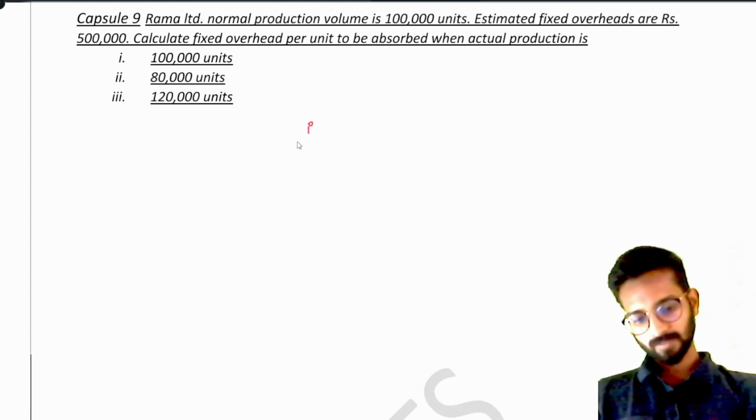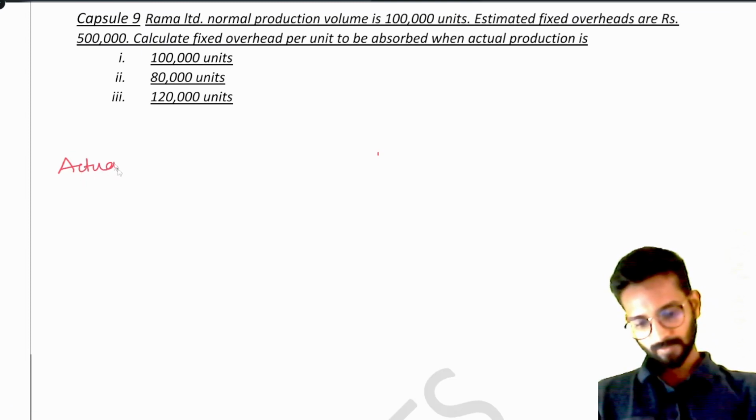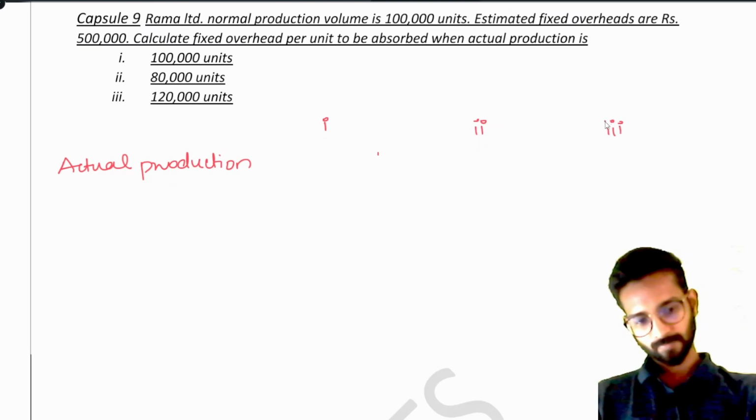First case is when actual production is equal to 1 lakh, or 80,000, or 1 lakh 20,000.